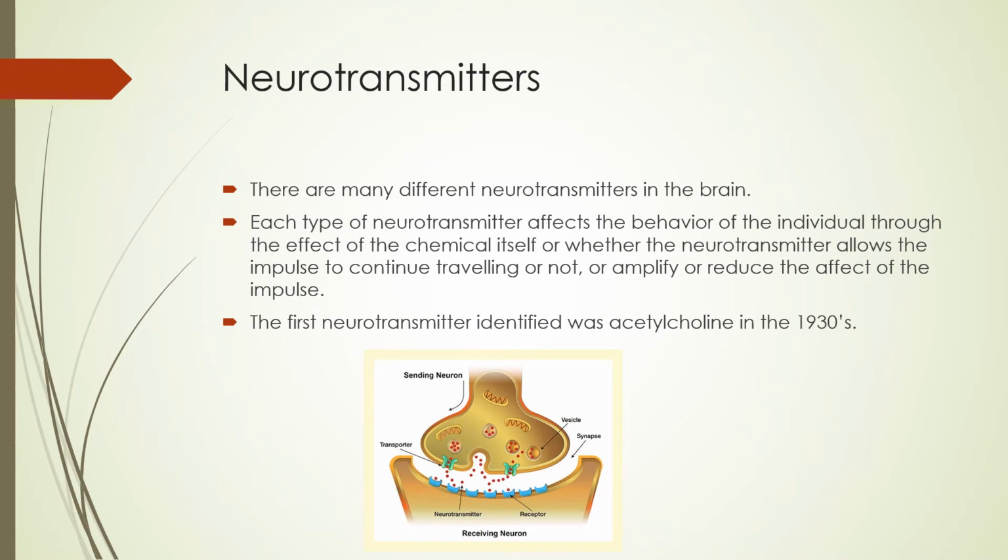So with neurotransmitters, there are many different neurotransmitters. And like I've said a couple times now, each type of neurotransmitter affects the behavior of the individual through the effect of the chemical itself.